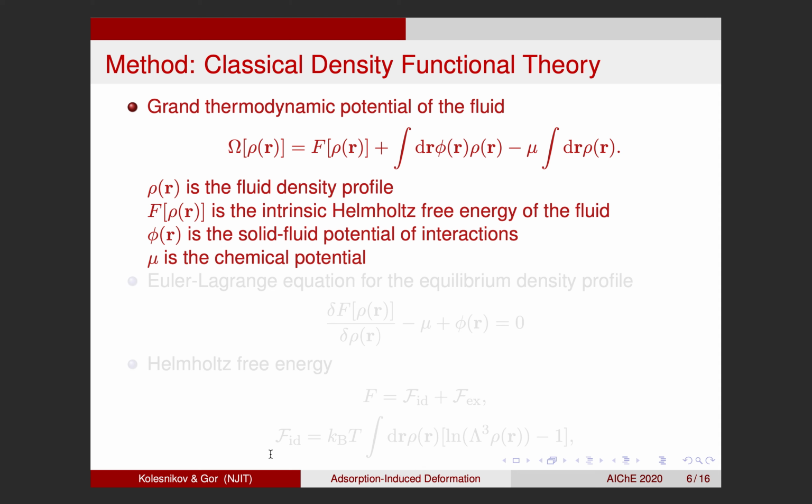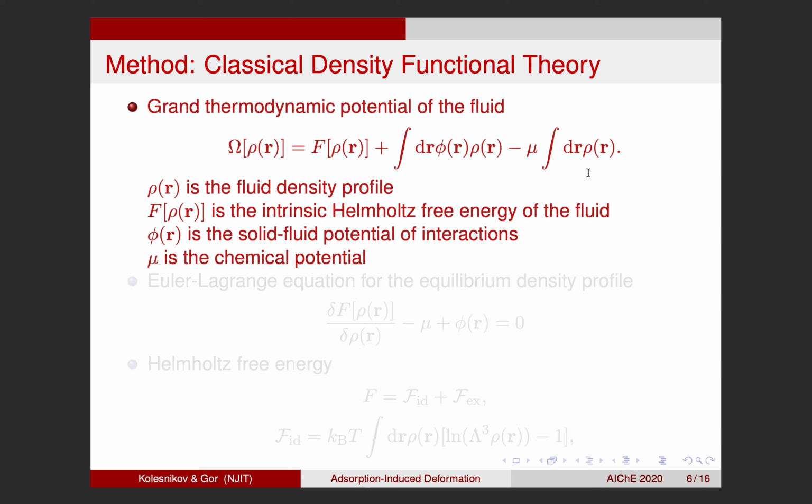So the method is classical density functional theory in the local approximation. The idea of this method is quite straightforward. We consider the grand thermodynamic potential of the fluid, omega, which is a functional of the fluid density in the pore, and represent it as the free energy plus the term related to the fluid-fluid interactions minus the term related to the chemical potential.